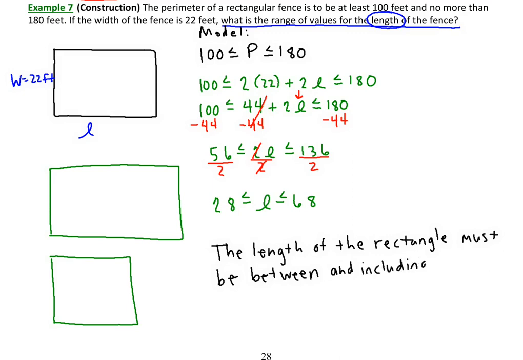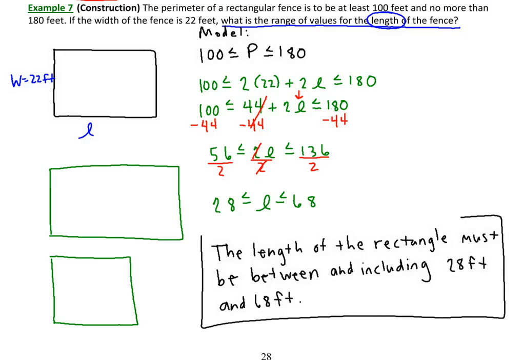So between would be not including 28 and 68, but because we have inclusive inequalities, we want to make sure that's part of our solution. So the length of the rectangle must be between and including 28 feet and 68 feet. Make sure you always include your units when you're solving an application problem.